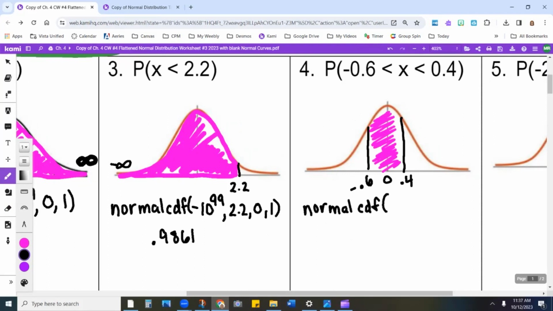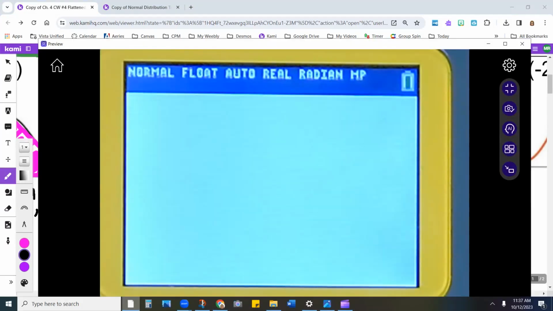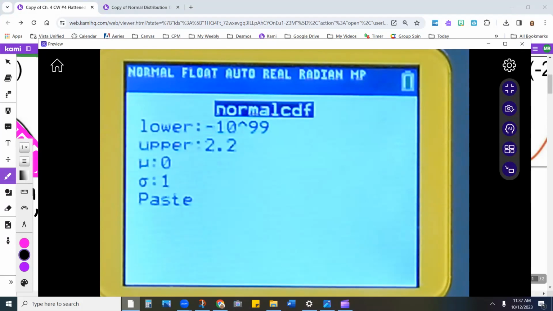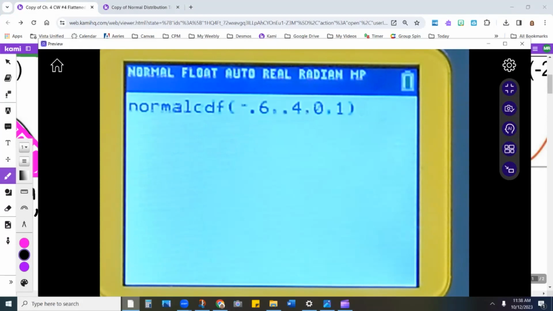My lower bound is negative 0.6, my upper bound is 0.4, my mean is 0, my standard deviation is 1. And I'm going to put that into the calculator. So I'm going to have a negative 0.6, a 0.4, 0, and 1.